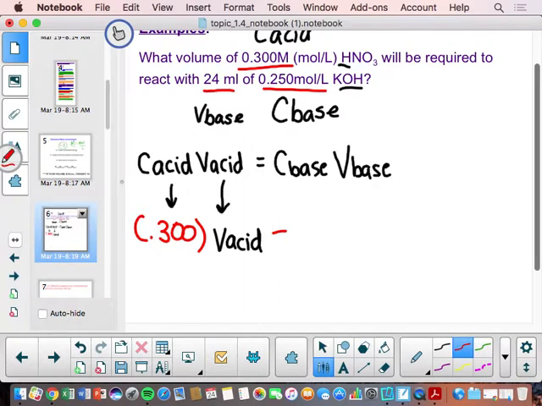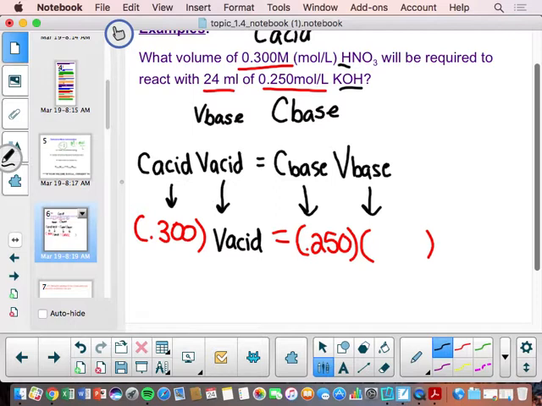Okay? That's equal to our C base. And our C base is 0.250. Okay? Multiplied by our V base, which we found out to be 24 milliliters.